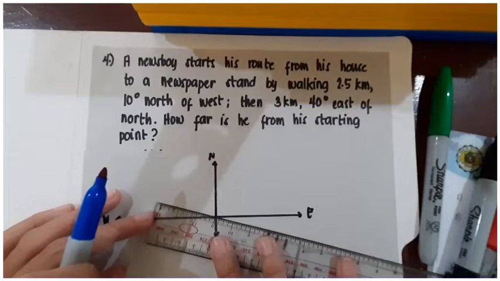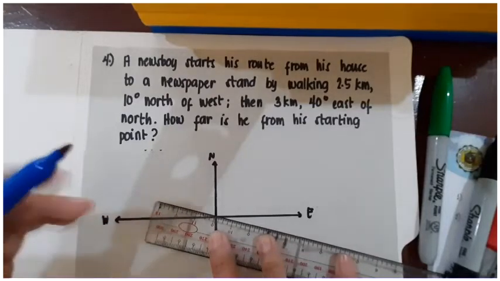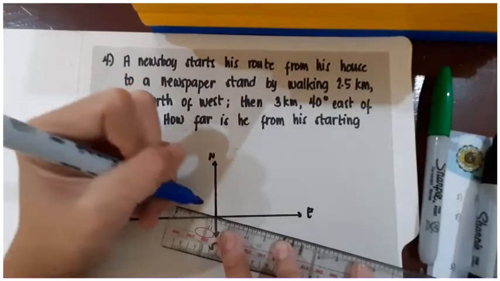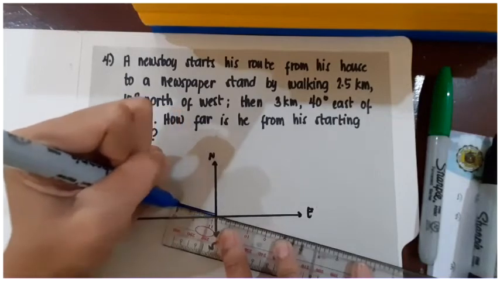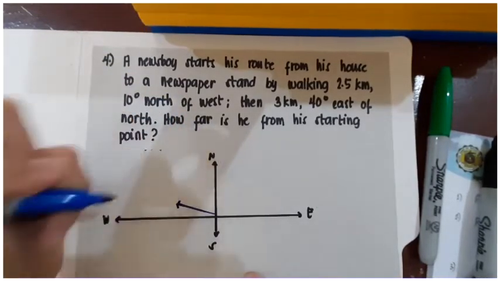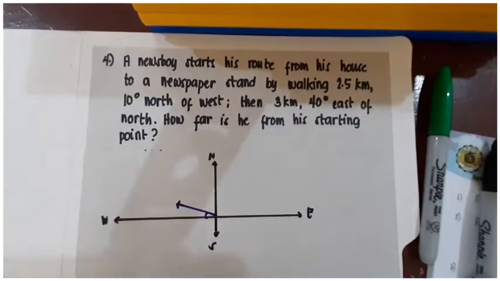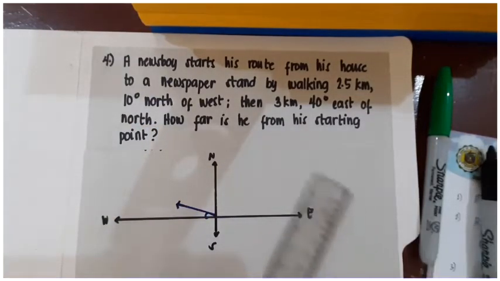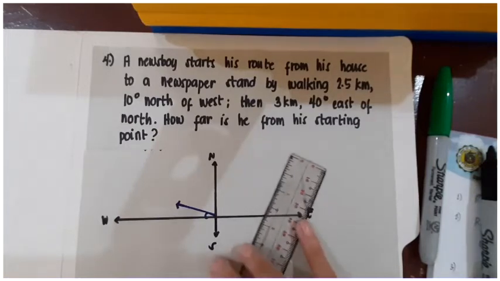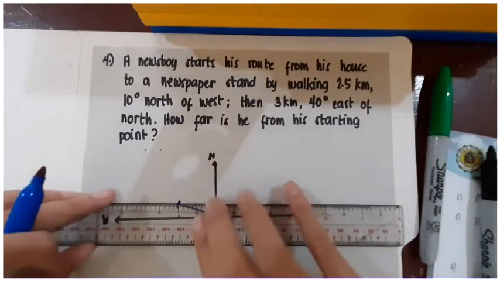So let's say this is 2.5 kilometers. This is your 10 degrees. Okay, and then 3 kilometers, 40 degrees east of north.